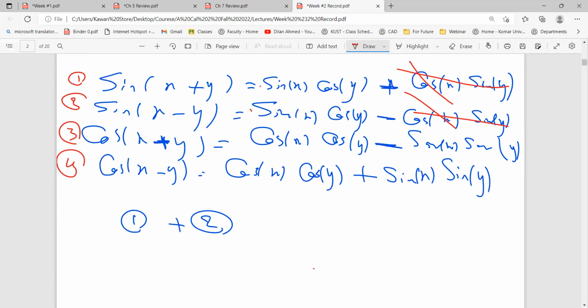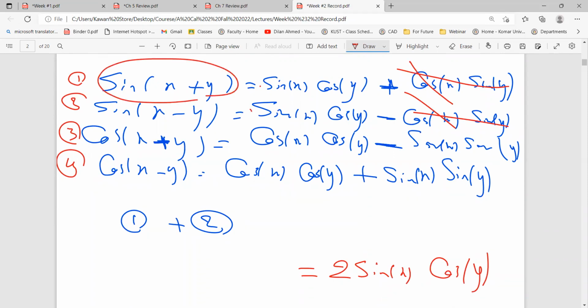So I will get 2 sine of x cosine of y. Understood? How about that part? Nothing changed. So I will get sine x plus y plus sine x minus y. Can you imagine that one? Easy or not? So we are going from these four together.